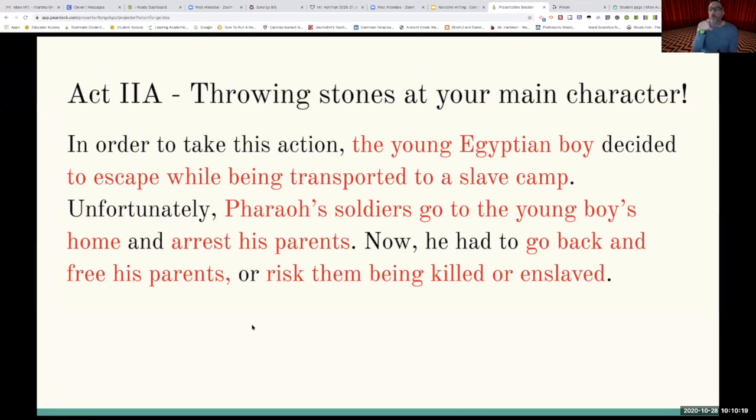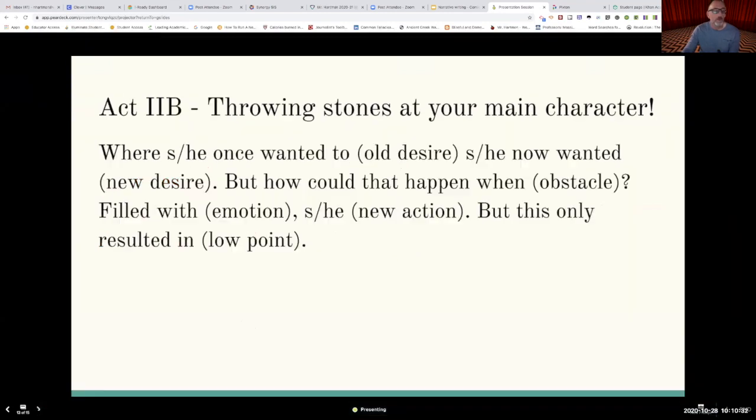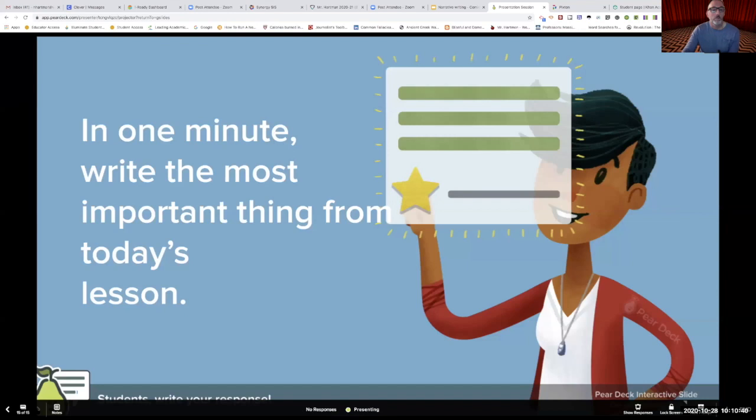Your story is just going to be a loop of goal, activity, complication. Complication creates a new goal, and then you just keep going from there. So hopefully that makes sense. Then Act 3 we'll do later this week and early next week.